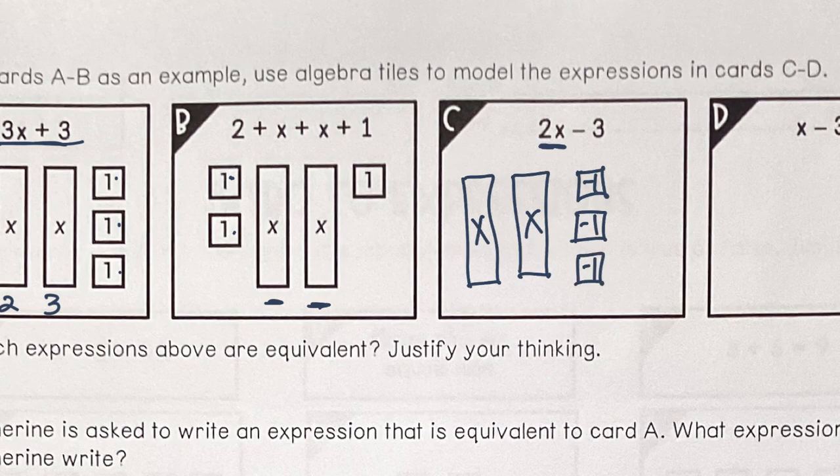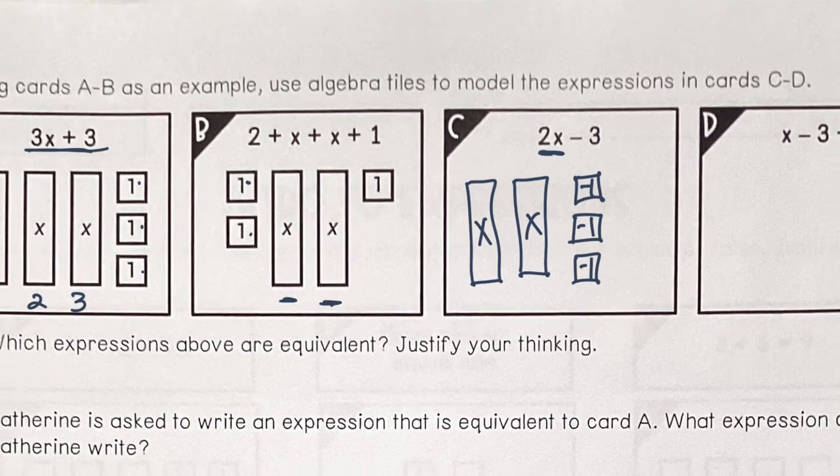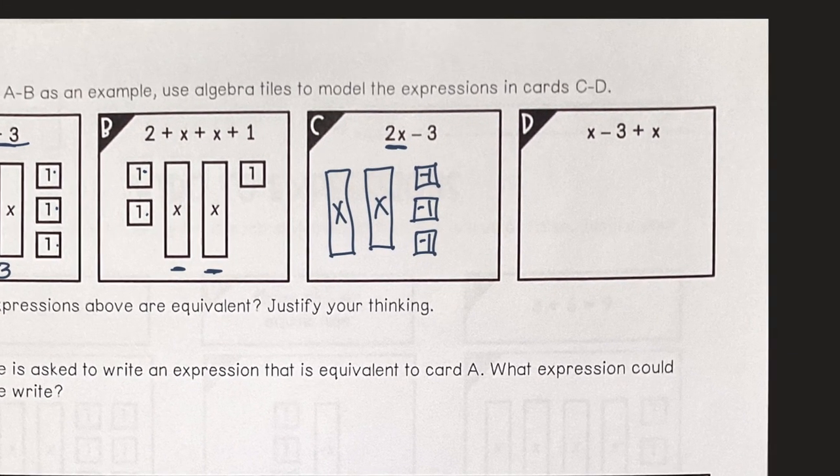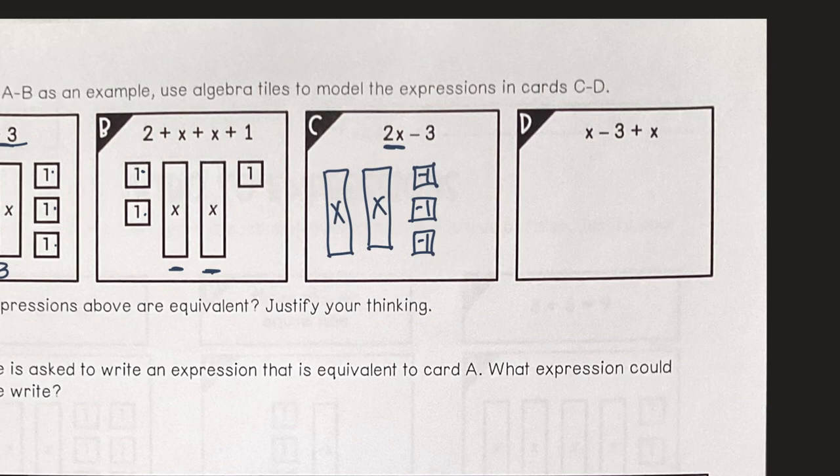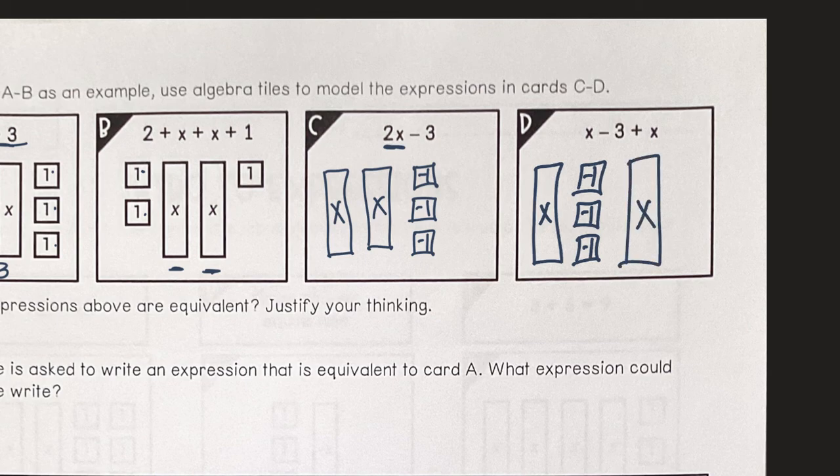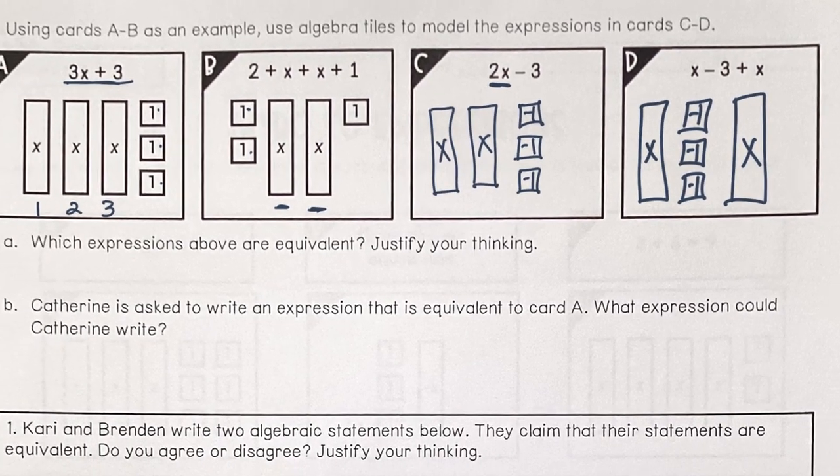All together making that -3, taking away 3. For card D, I have x minus 3 plus an x. So I'm going to go ahead and draw an x. And then I'm going to draw 3 -1 squares, making that a -3, plus another x, positive x. And those would be my models for my expression.